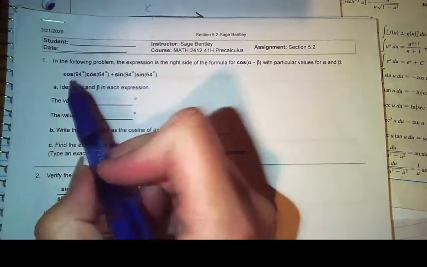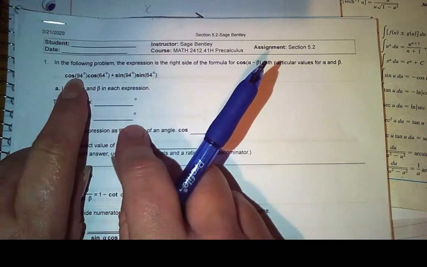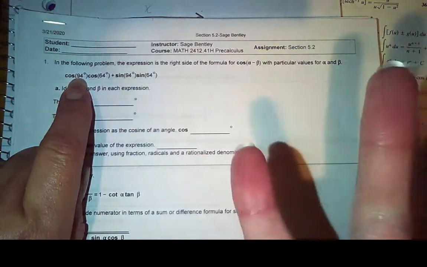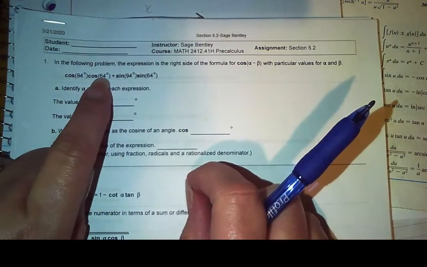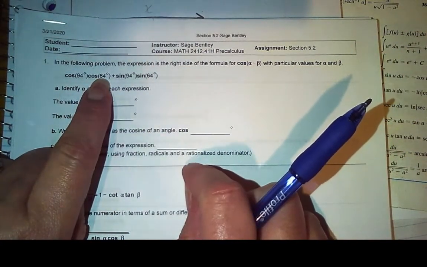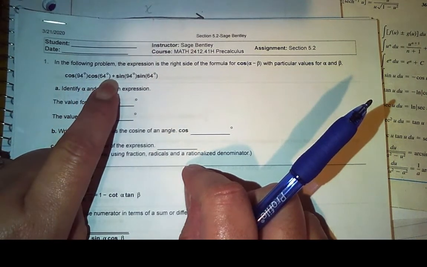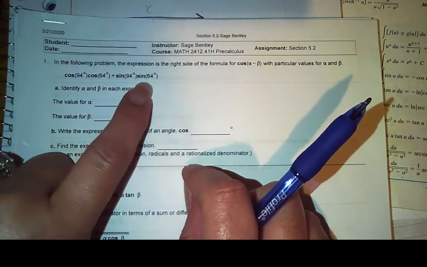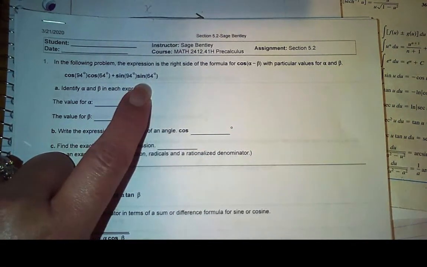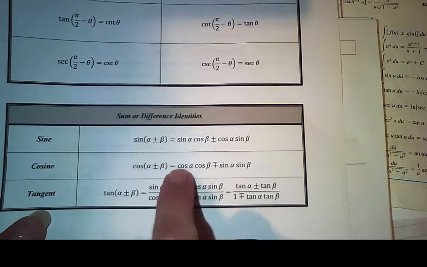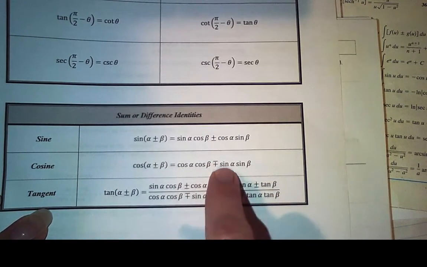So first of all, we need to recognize this says cosine, and I'm just going to say alpha. It says 94, but I'm going to say cosine alpha. And then notice that this angle measure is different. So I've got cosine alpha, cosine beta, plus sine alpha, sine beta. So what I'm looking for is the cosine, and then sine.